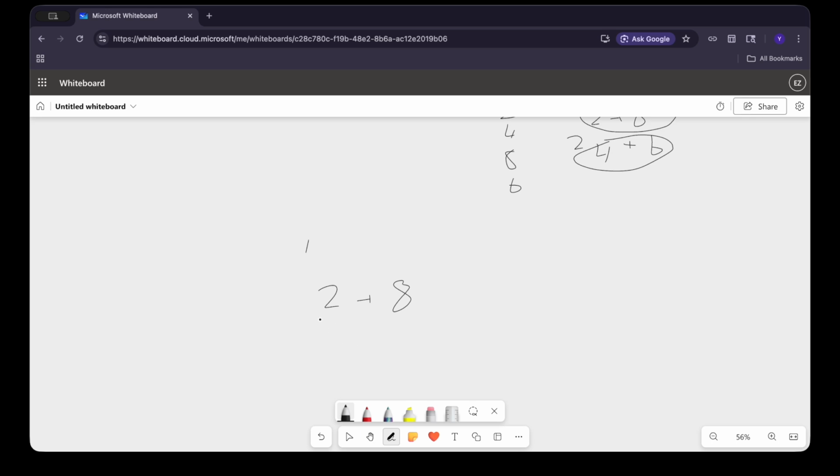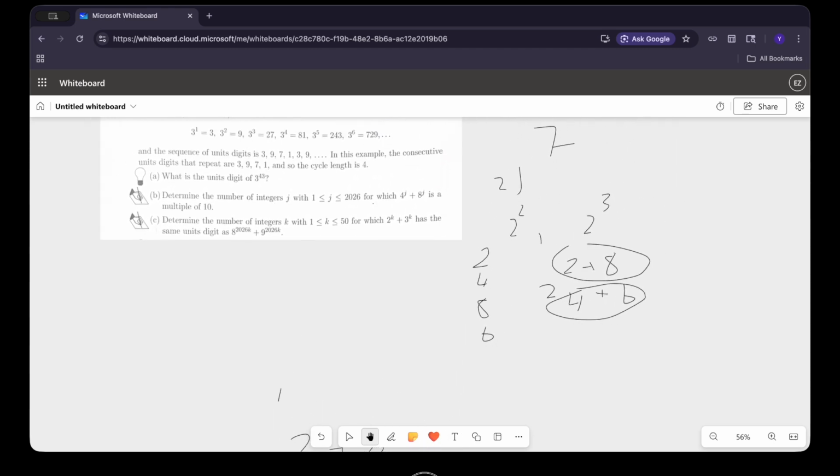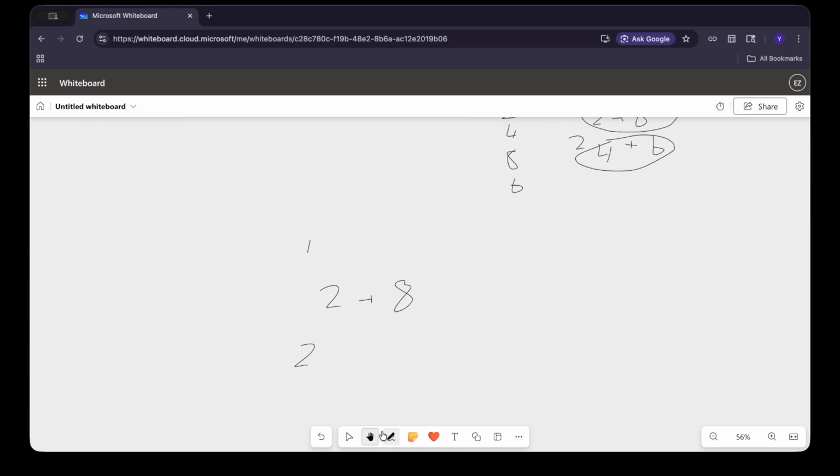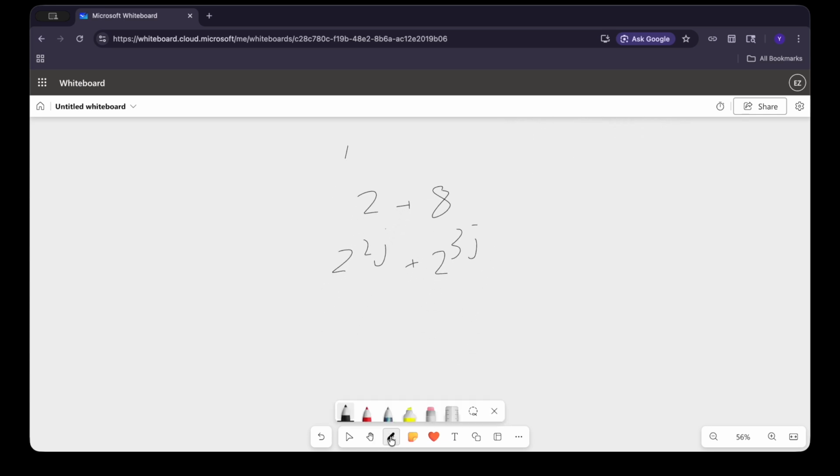Since it becomes 2^(2j) plus 2^(3j), we can think of this 2j as 2k.